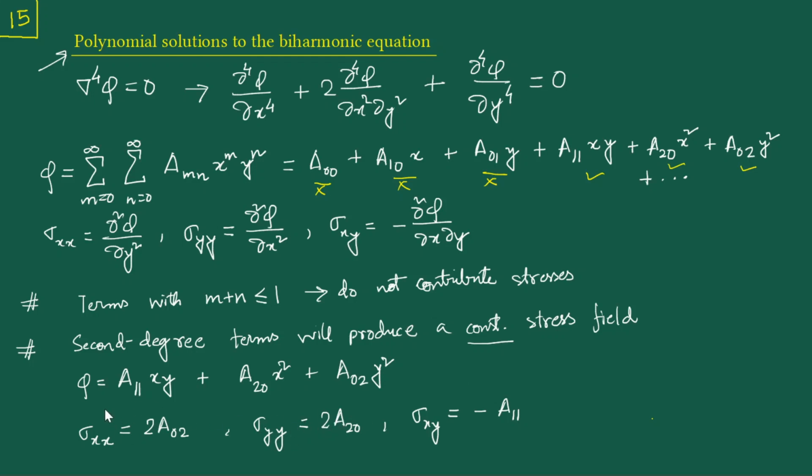So when we have the second degree terms, the stresses are all constant. All three components of stress are constants, and what this means is that it is basically producing a combination of either uniform tension or compression in two perpendicular directions together with some kind of constant shear.